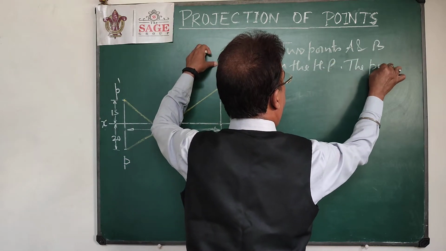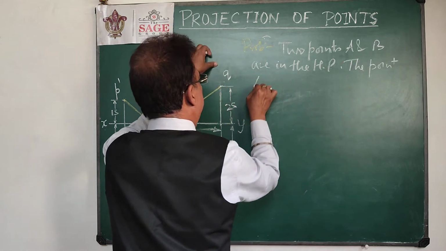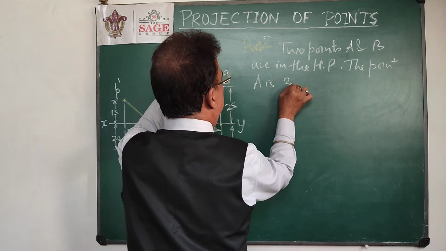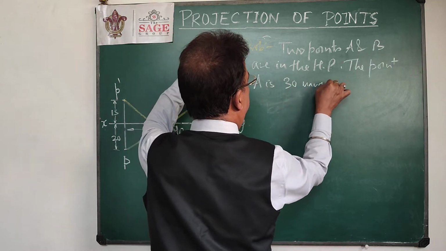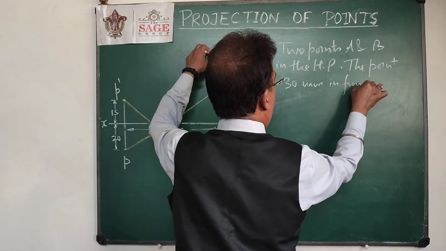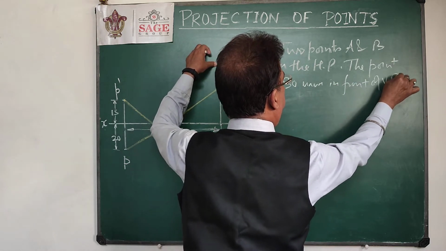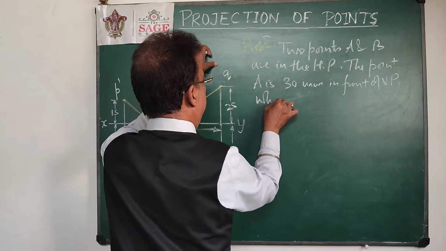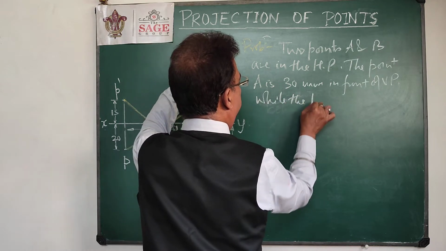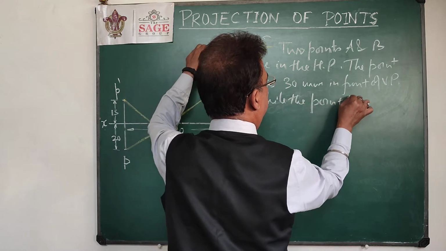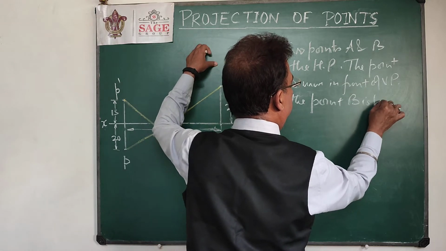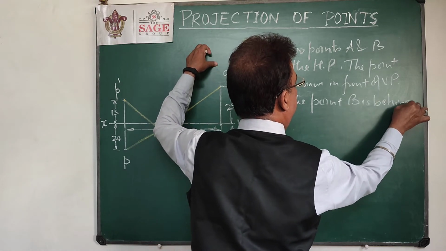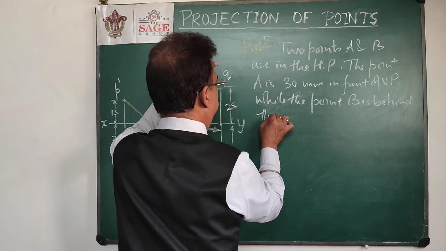The point A is 30 mm in front of VP, while the point B is behind the VP.